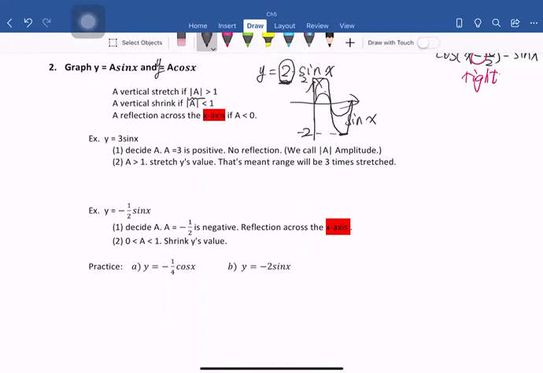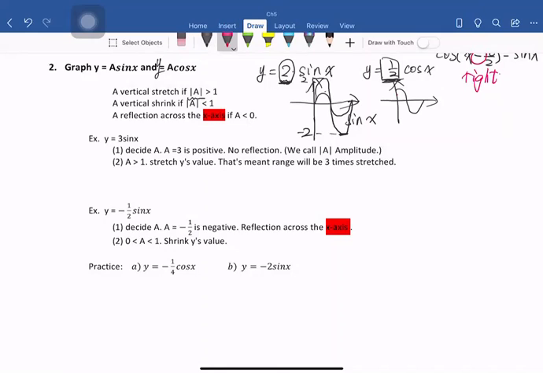If y equals 1/2 cosine x, I know the cosine x looks like this, and the absolute value of 1/2 is less than 1. That means the a here, which we call the amplitude, is between 0 and 1. That means a vertical shrink.